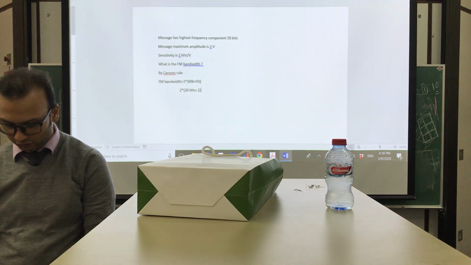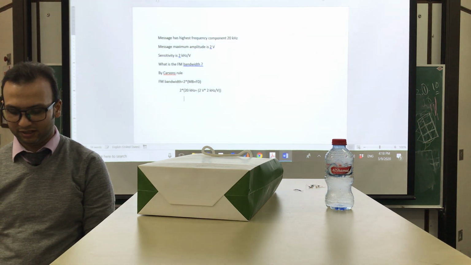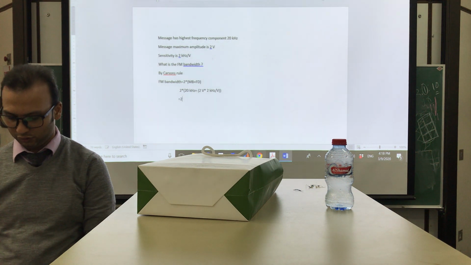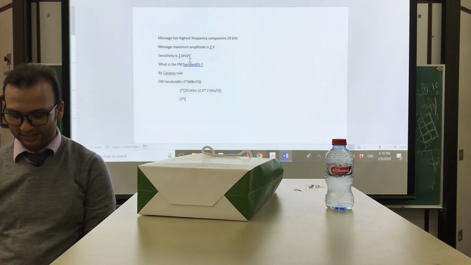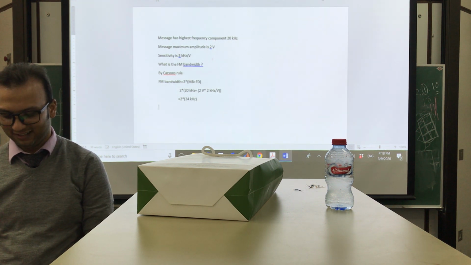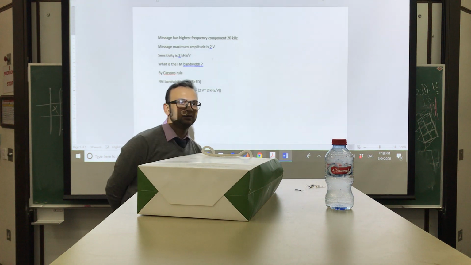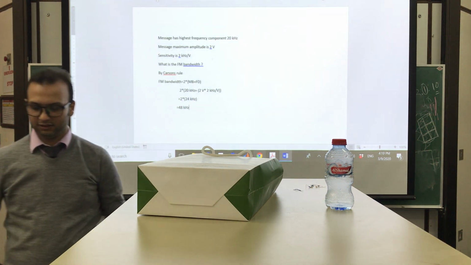So that's going to be 2 volts multiplied by 2 kilohertz per volt. That's going to be 2 times 22 kilohertz. Yeah, I know, I'm just checking if you're following. And then that's going to be 48 kilohertz. Okay? Make sense? Alright? Okay, good.